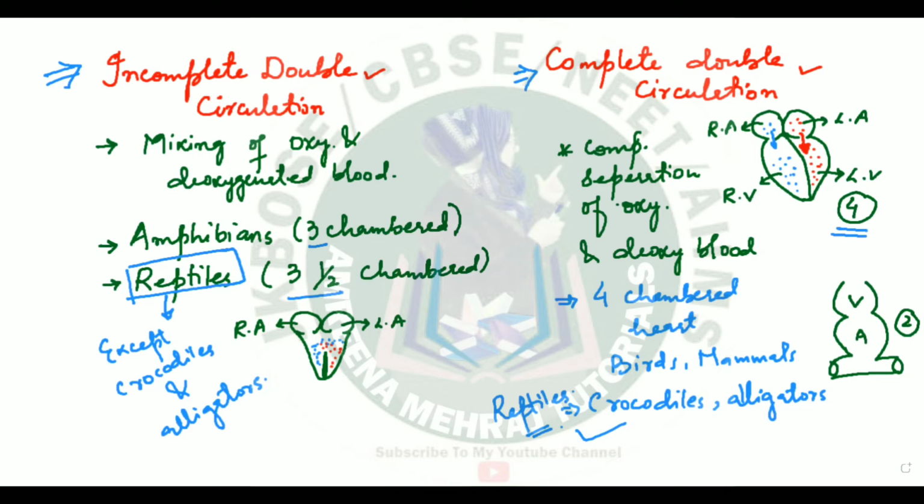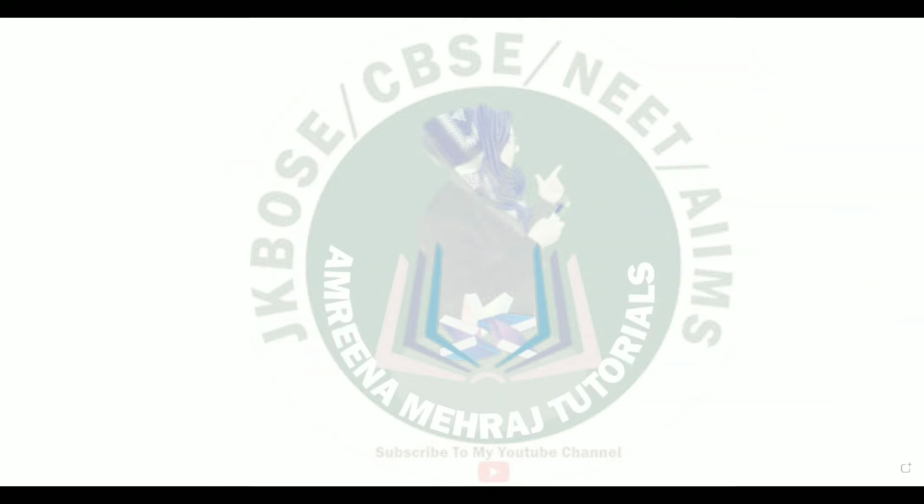Let us take another system. Let us analyze one more system. Let us take this opportunity to understand the excretory system. The basic idea behind the excretory system is that it is meant for the elimination, the removal of wastes.